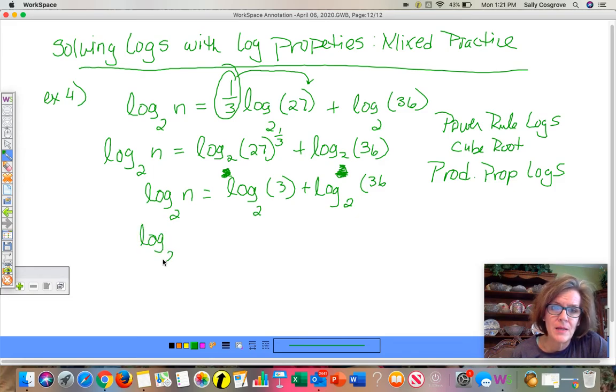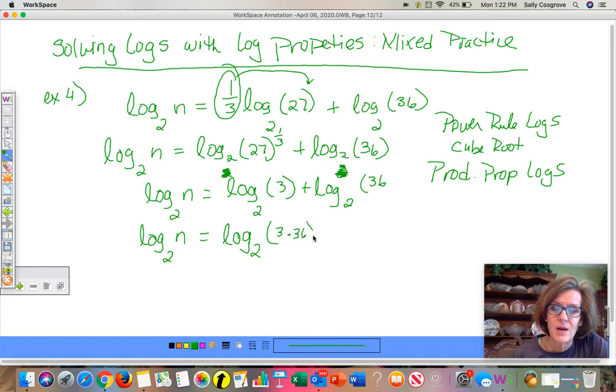Log base 2 of n equals, and go back and look at your notes from example 1, or look in the PDF of the notes that I've made, log base 2 of 3 times 36.